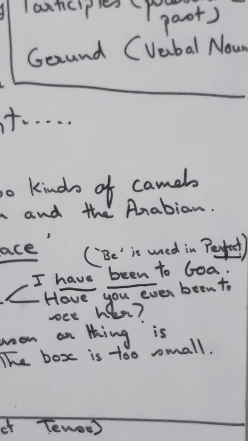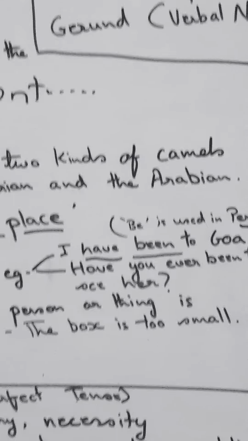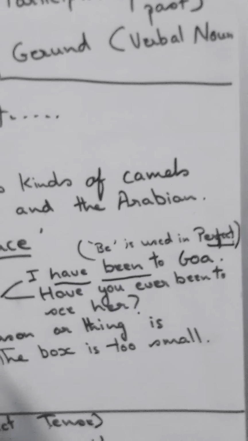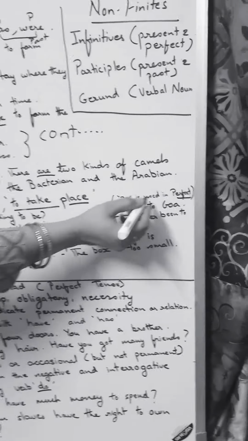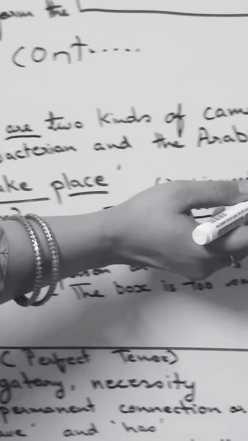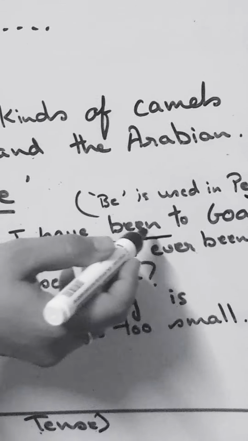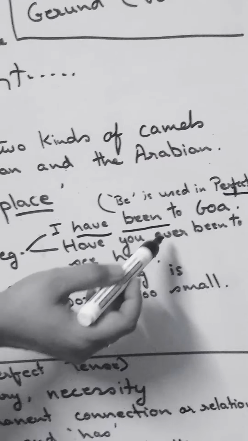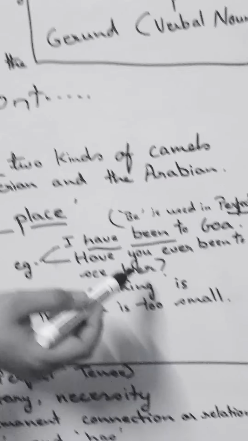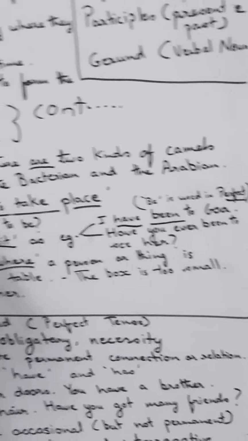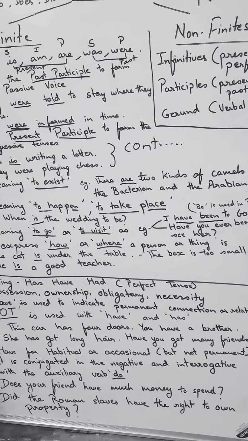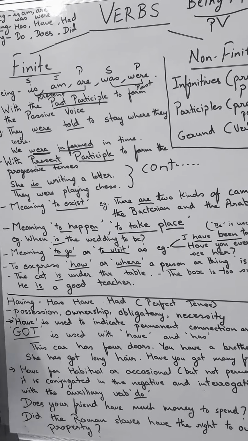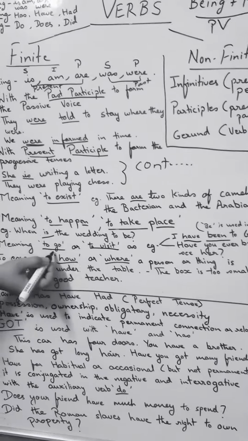Whenever we have have, has, had, we are talking about the perfect. One example: I have been to Goa. Second example: have you ever been to see her? So with the being form plus have, the perfect, this meaning is clear: to go or to visit.